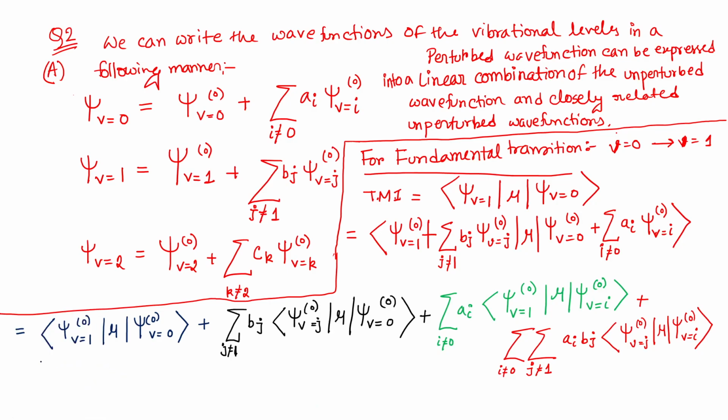As you can see, this is from v equals 0 to v equals 1, and we know the selection rule is delta v equals plus minus 1 for unperturbed systems. So this is going to have a significant finite value.